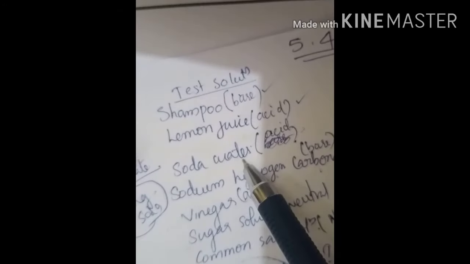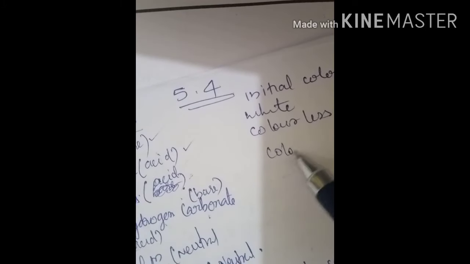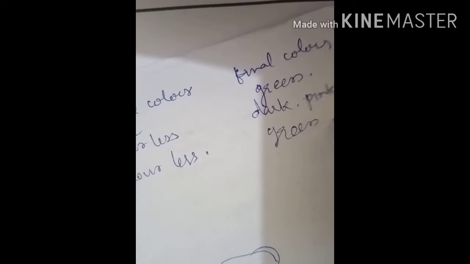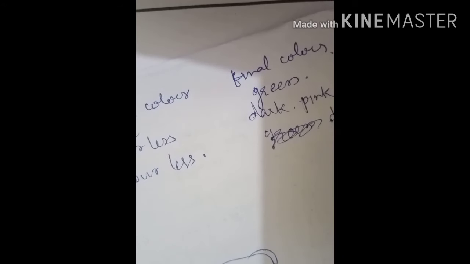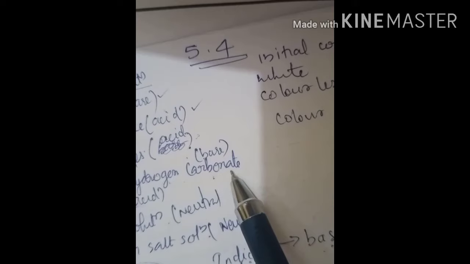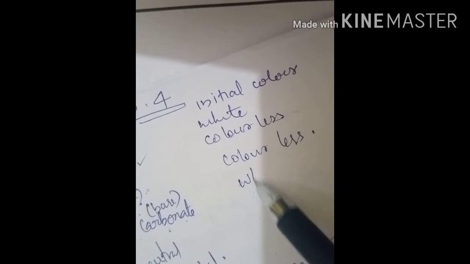Then soda water, that is also acid. So soda water is also colorless, no color. Its final color will be dark pink because it is acid. Then sodium hydrogen carbonate, otherwise baking soda, which is basic, and its color is white.